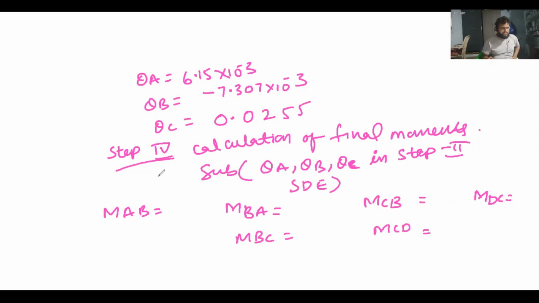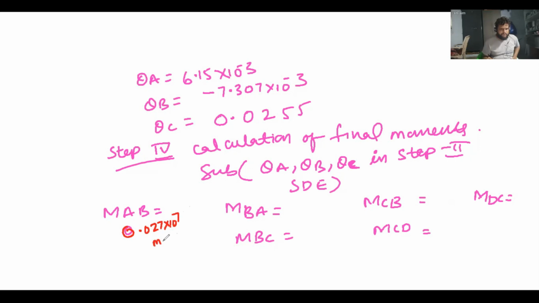MAB is nothing but 0.027 into 10 to the power of 7 Newton mm.